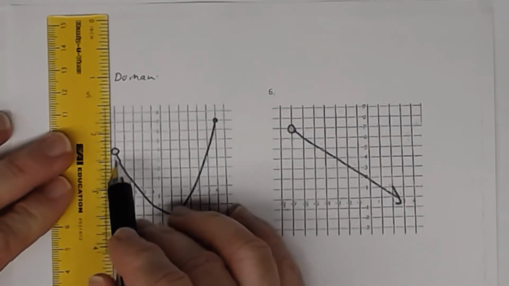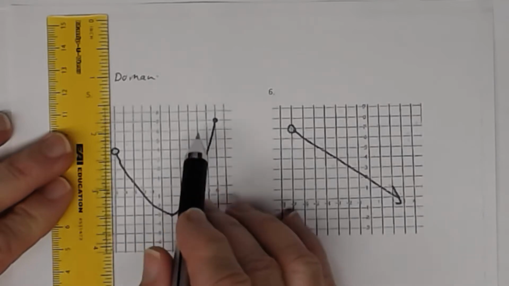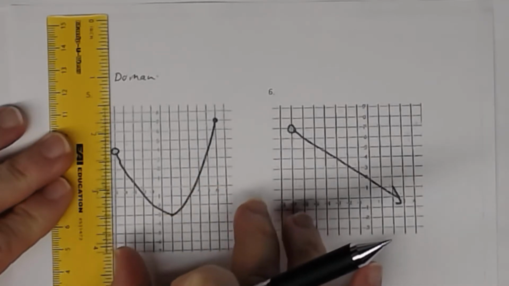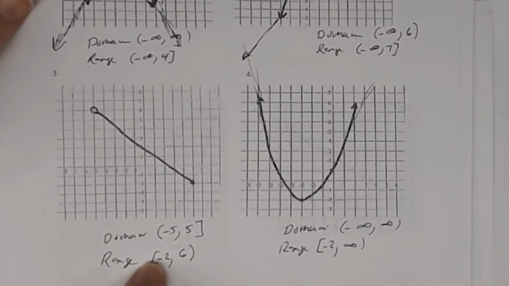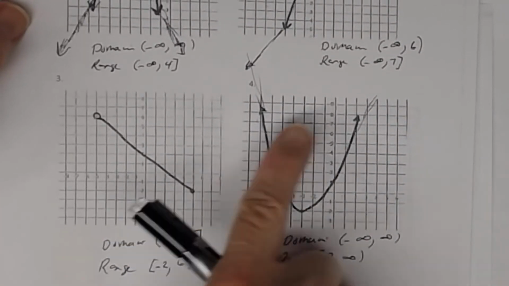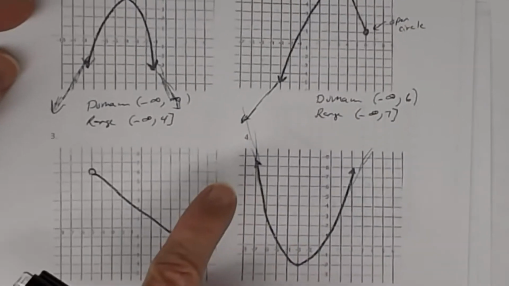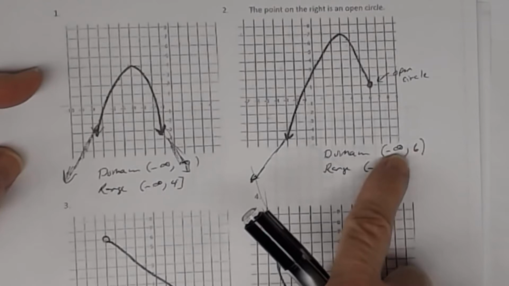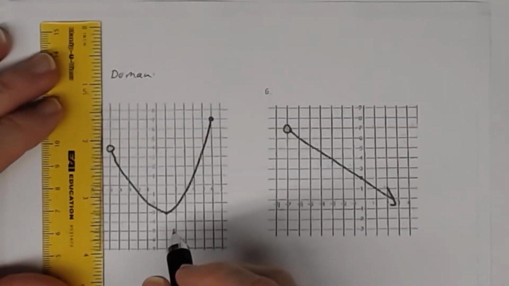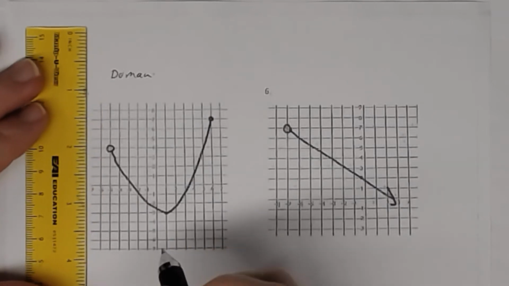Since there are no arrows, you're not going to have any infinities, right? Just like number 3. Notice there were no infinities or negative infinities at all. When you have arrows, that's where you're going to see some infinity or negative infinity symbols. See? You have an arrow here, you see a negative infinity. So with no arrows, you're not putting any infinity or negative infinity. So let's go about the domain.